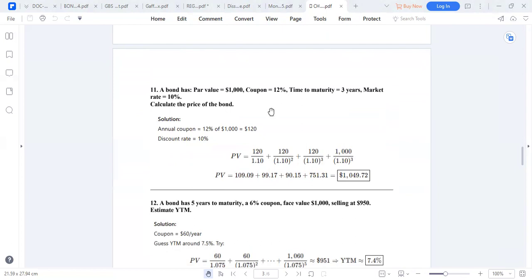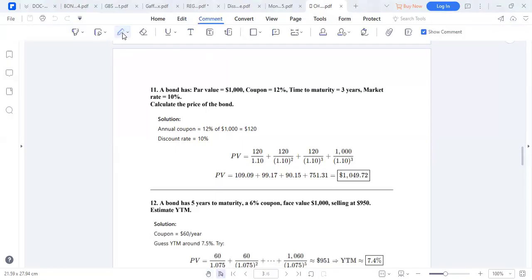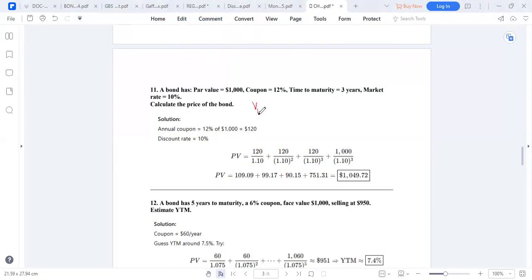You can do this in two ways: the value of the bond formula or the direct method. Remember, the value of the bond is given by the coupon value times the present value annuity factor, plus the maturity value or face value times the present value interest factor.